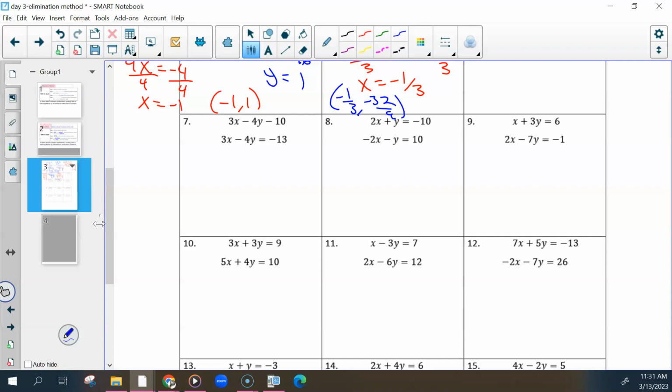So that should tell you that you're going to get a special case solution, either no solution or infinitely many, depending on the answer you get. So it doesn't matter which one you want to do. Let's say we get rid of x. How would we eliminate these?